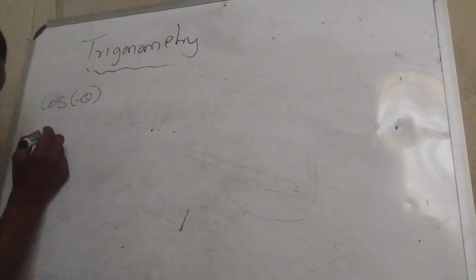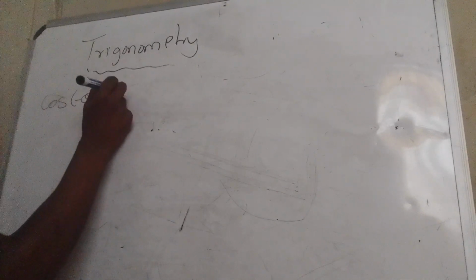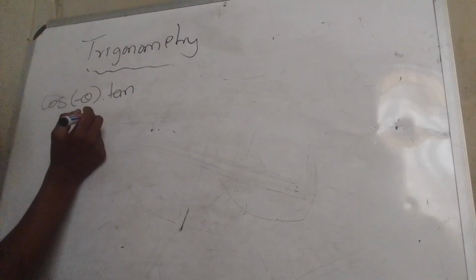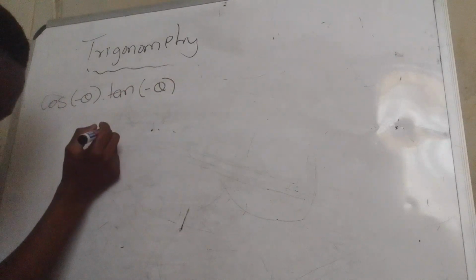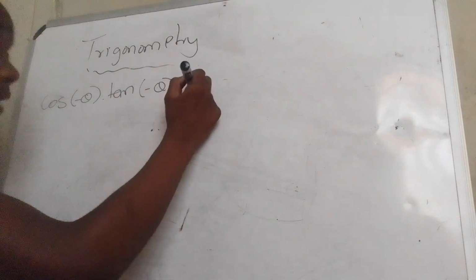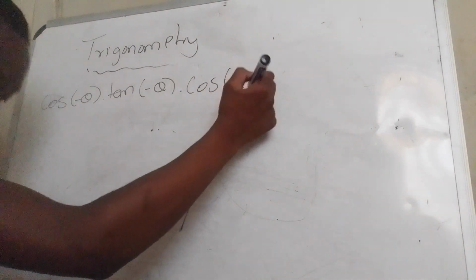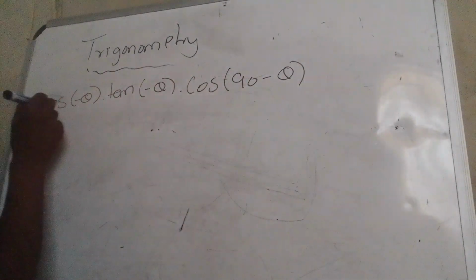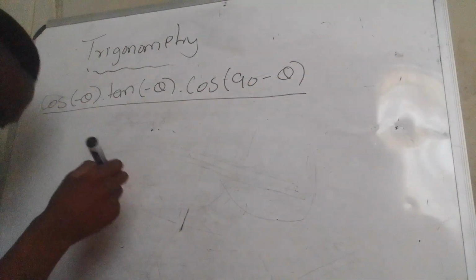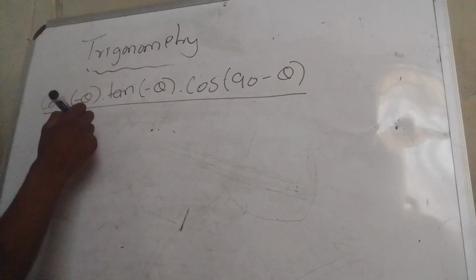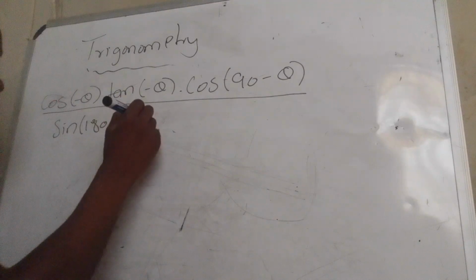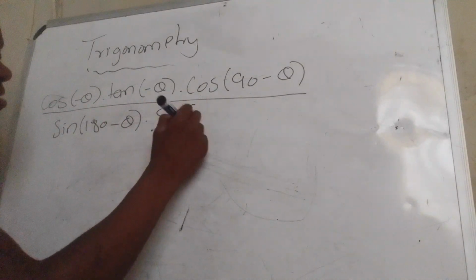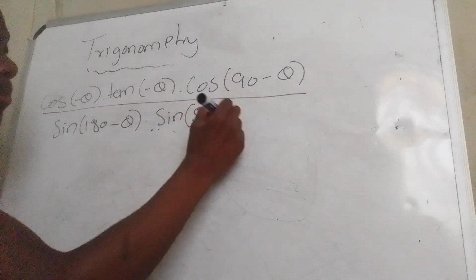We're going to have cos of negative theta times tan of negative theta times cos of 90 minus an angle, all over sine of 180 minus an angle times sine of 540 plus theta.